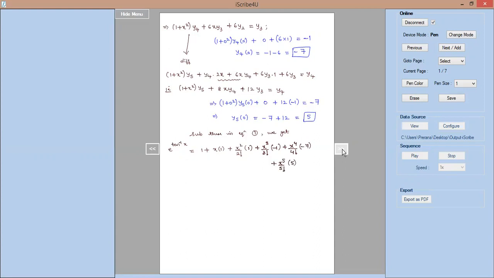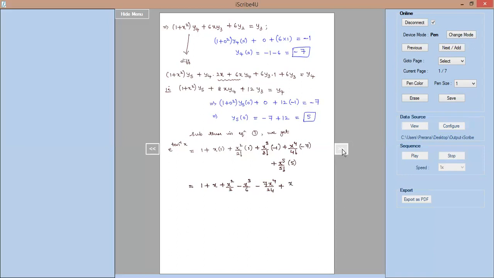Simplifying this along with the factorials in the denominator, we get 1 plus x²/2 minus x³/6 minus 7x⁴/24. And for the last term, 5 factorial is 120, so 5 divided by 120 gives us 1 divided by 24.